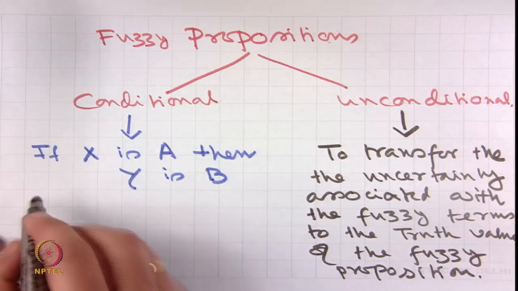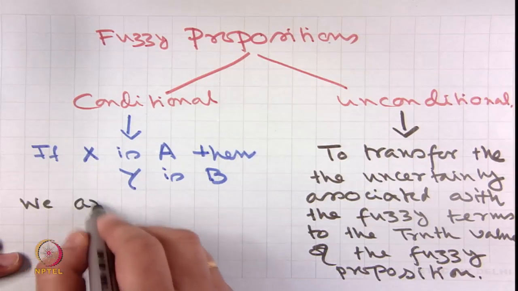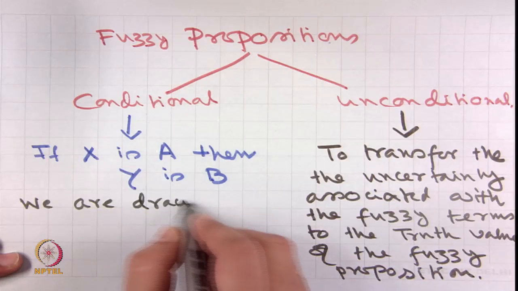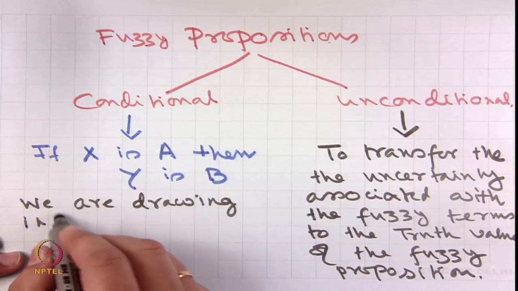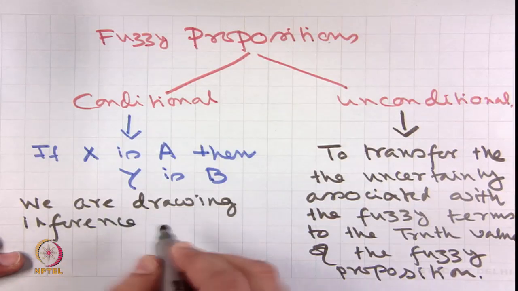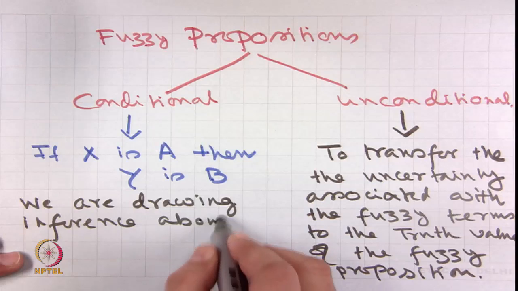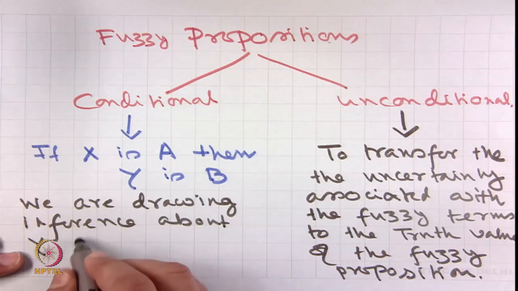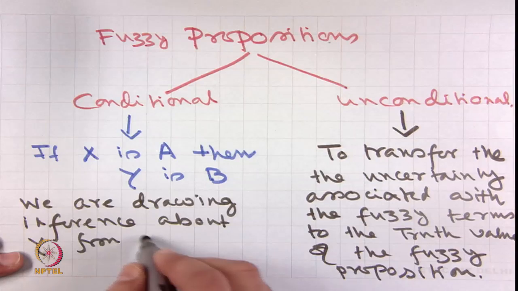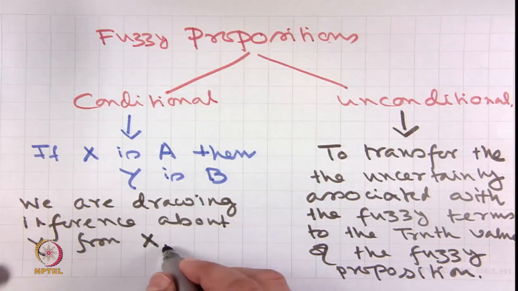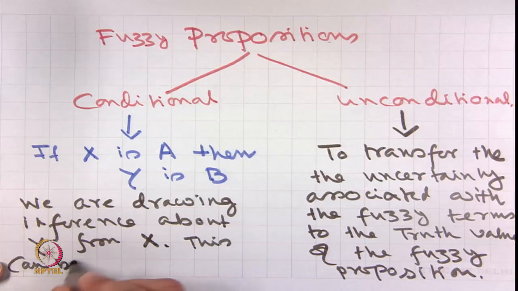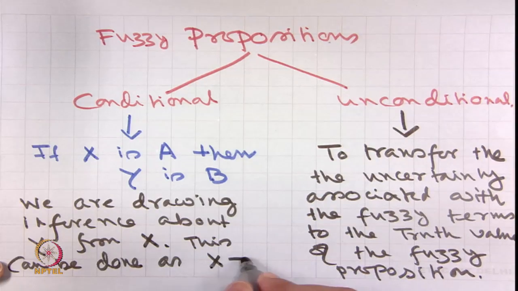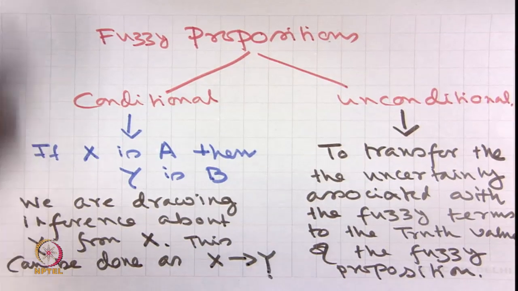That is, we are drawing inference about y from x, and this can be done as x implies y.